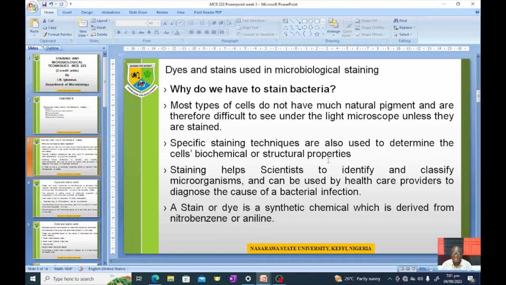A stain, otherwise called a dye, because the terms are used interchangeably, is a synthetic chemical which is derived from nitrobenzene or aniline.